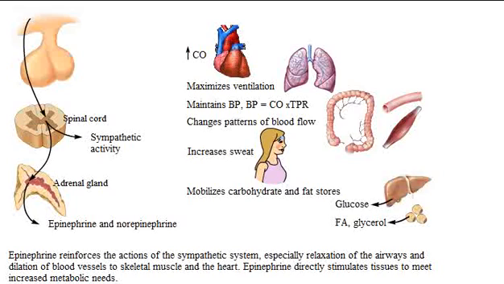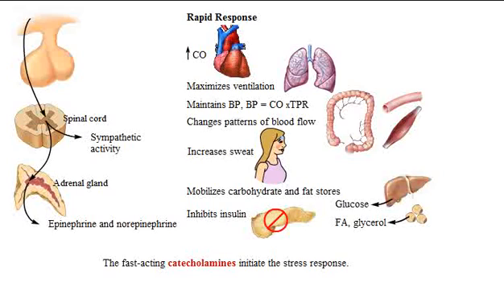The activity of the sympathetic system and epinephrine inhibit the release of insulin and stimulate glucagon. Glucagon reinforces the fasting metabolic state, and the active inhibition of insulin is essential to keep plasma glucose levels high. The fast-acting catecholamines initiate the stress response. They produce rapid, short-term changes because they are secreted rapidly from storage vesicles, and they act rapidly on target cells.